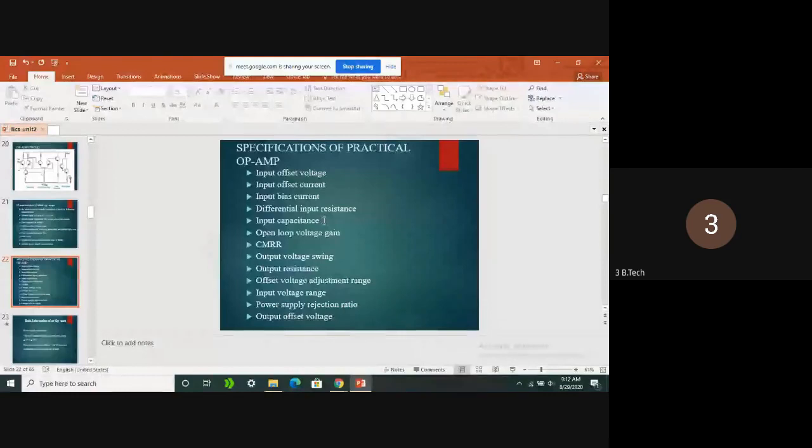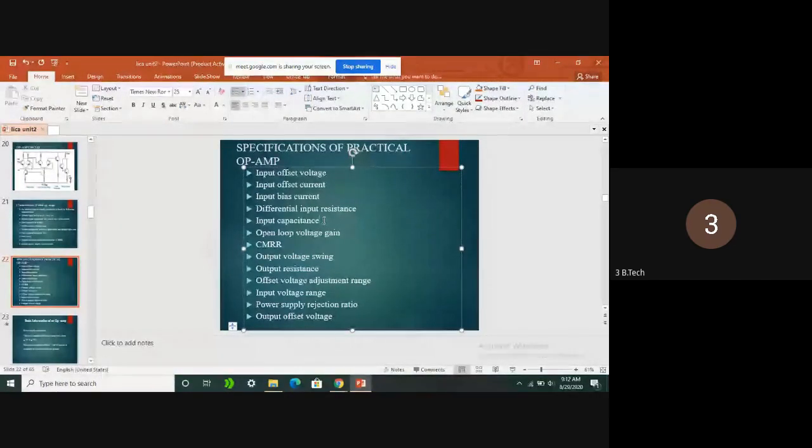And input capacitance. Why do we have input capacitance? The transistor itself is able to produce capacitances. Because of that, we need to calculate input capacitance while we are applying analog signals.